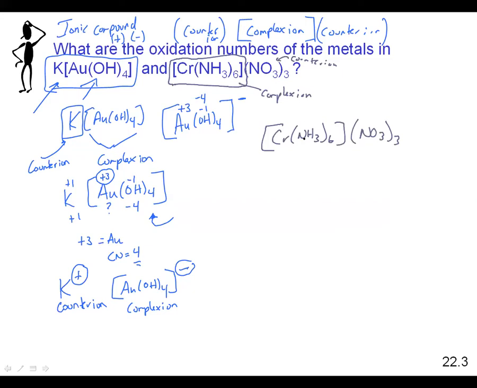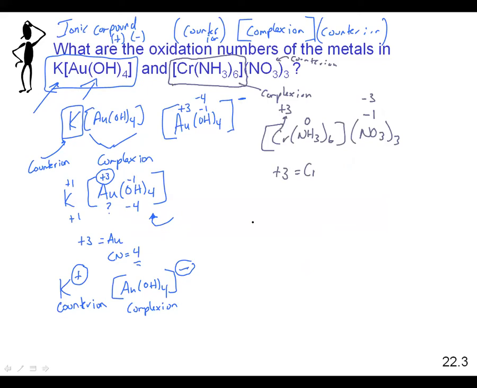It's neutral. NO3 is NO3 minus, which is nitrate. That's -1. There are 3 of them, which gives you a -3 overall. That means in this case, the chromium has to be +3 as well. So the oxidation state of chromium will be +3 in this case.